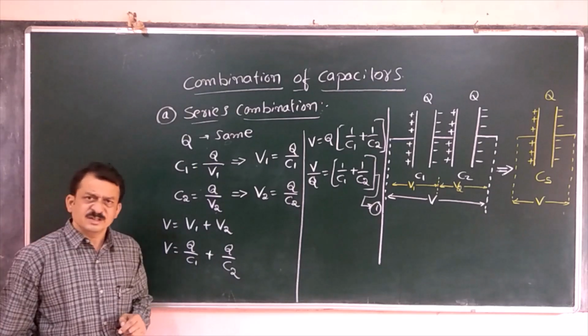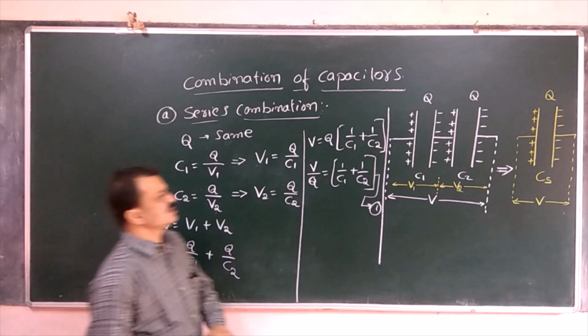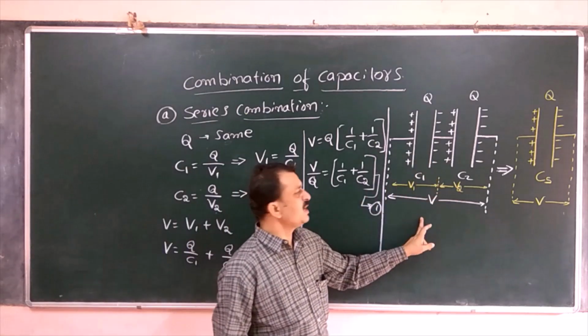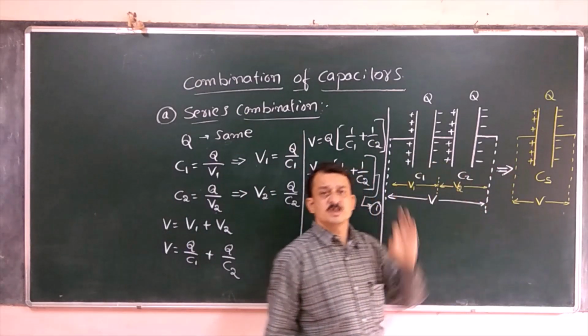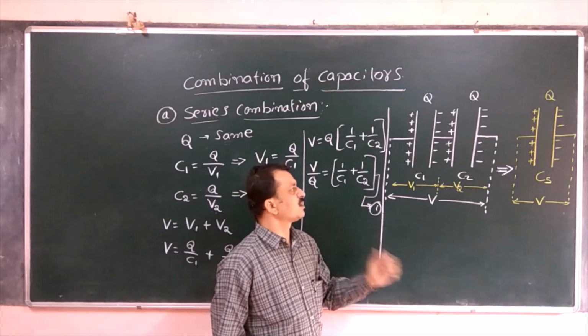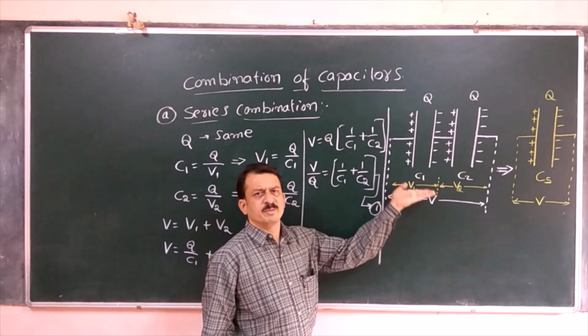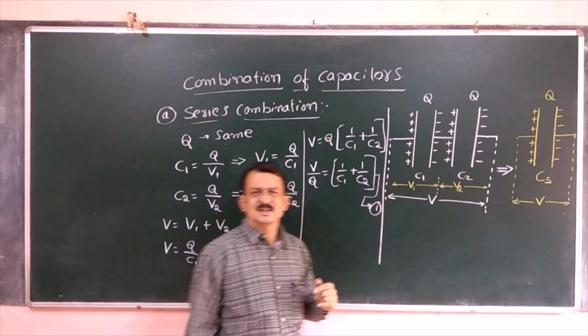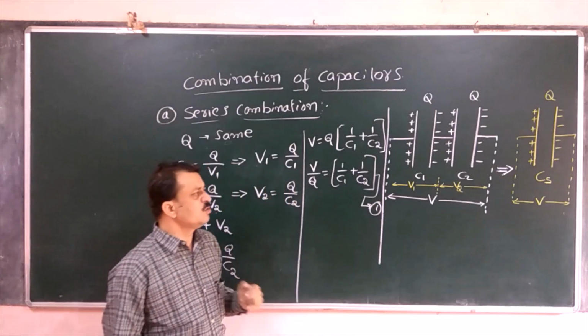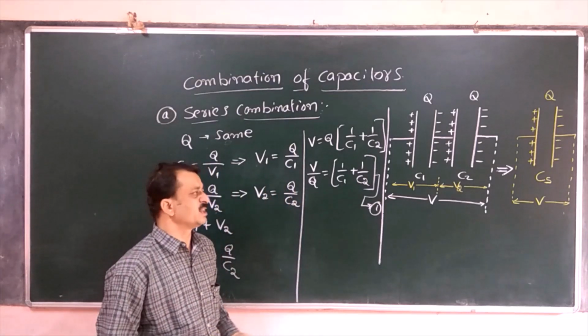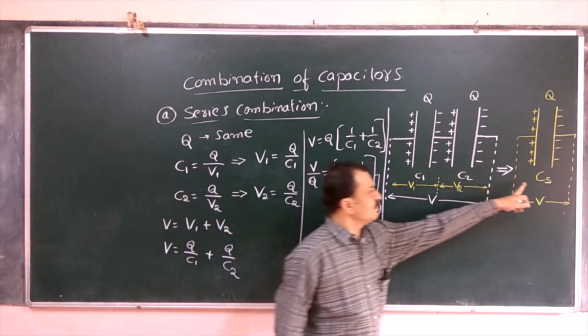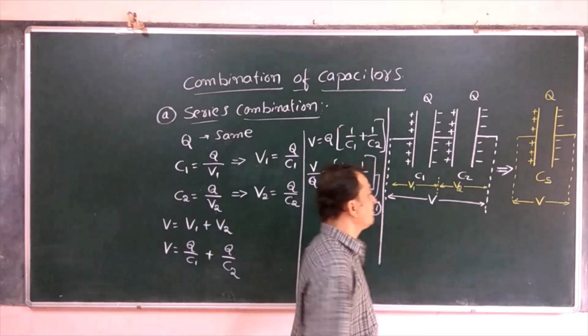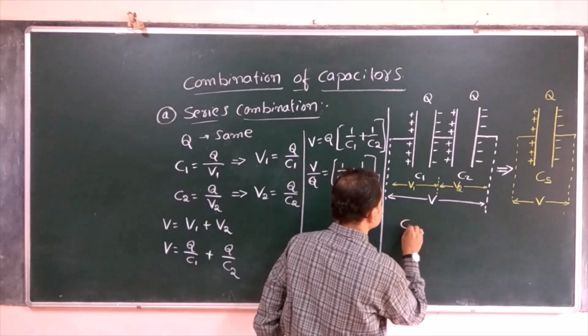So the next step is very important. The combination is replaced by a single capacitor which produces the same effect as produced by the combination, and hence it is called the equivalent or effective capacitance. Now from this diagram I will write what is CS.